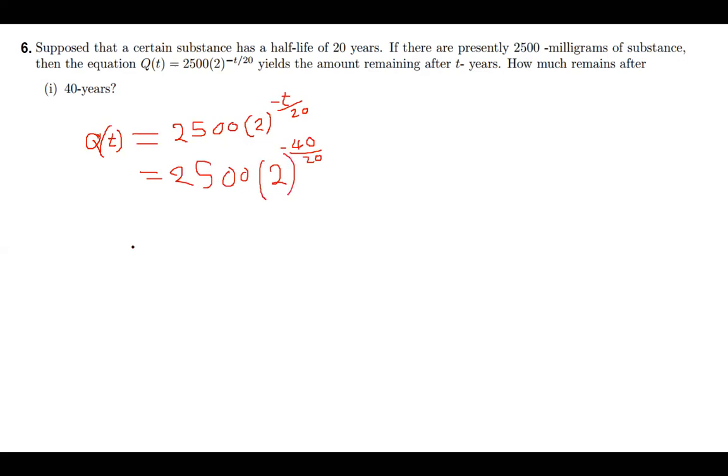So this now gives us 2,500, then 2 raised to power negative 2.